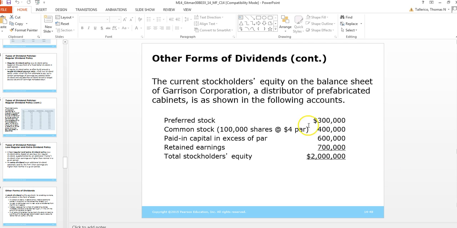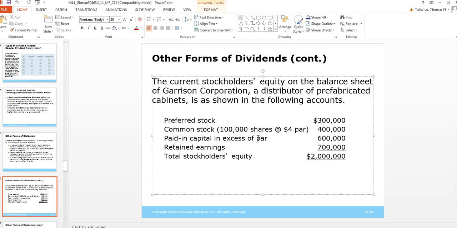And so we left off talking about dividends, and there's an example here on stockholders' equity on the balance sheet of Garrison Corporation, and they show the amount of preferred stock and the amount of common stock. Obviously, 400,000 is 100,000 times $4. Paid in capital in excess of par, right?